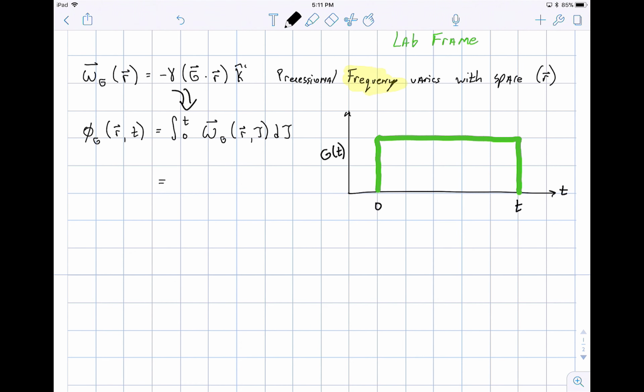Which just says that we can integrate, with the minus sign, from 0 to the duration of the pulse, substituting in gamma times the gradient vector, which is itself a function of time, dotted with our spatial position, which could in fact be a function of time.